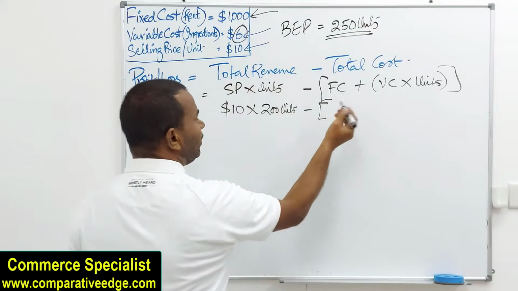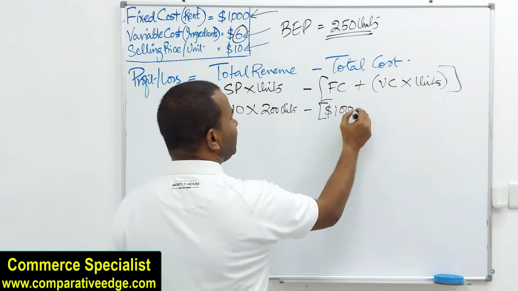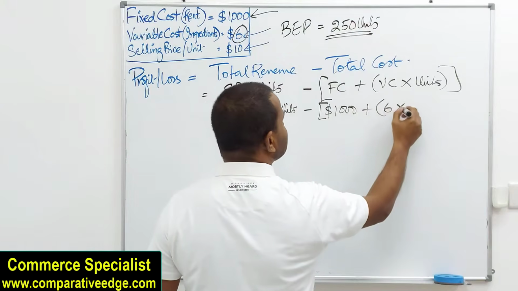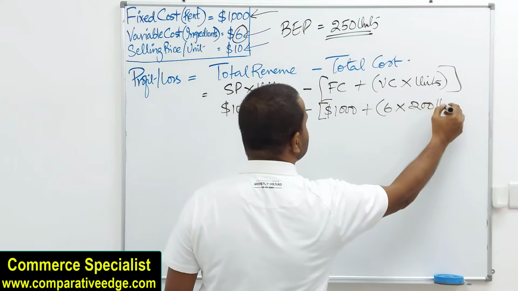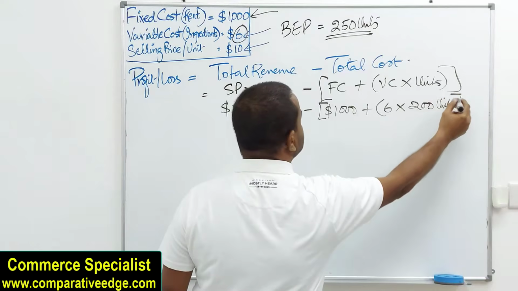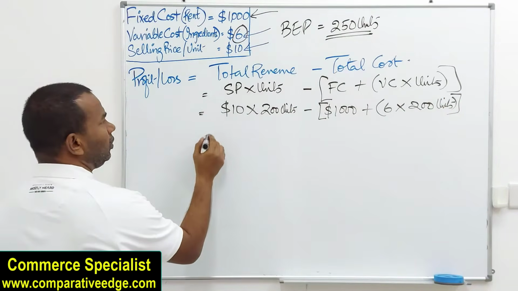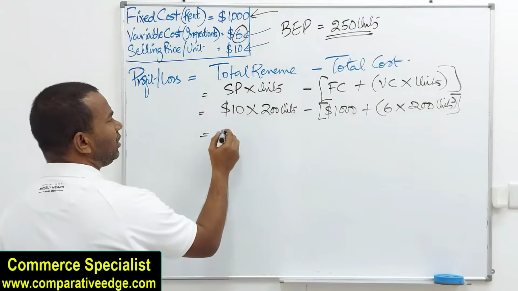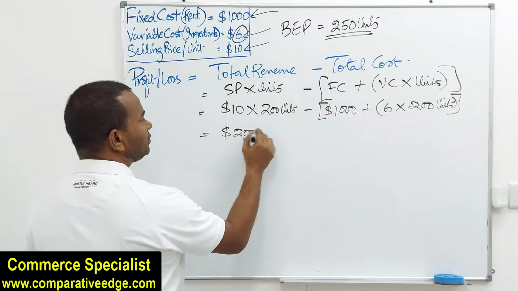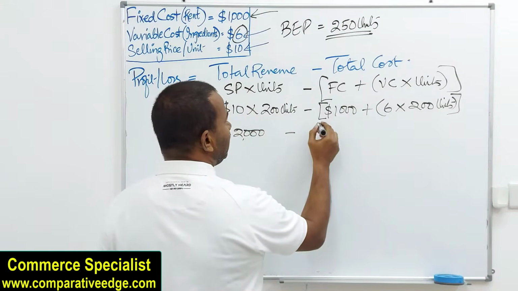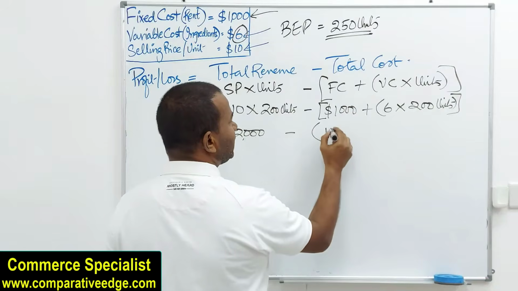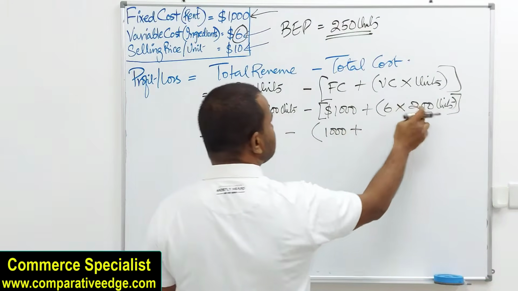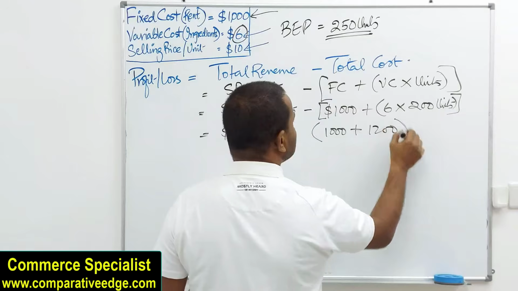Rest everything is the same. Fixed cost remains at $1,000, variable cost remains as $6, and we're talking about 200 units. So what's happening here? 200 into $10 is $2,000. And here, fixed cost is $1,000, 6 into 200 is $1,200.